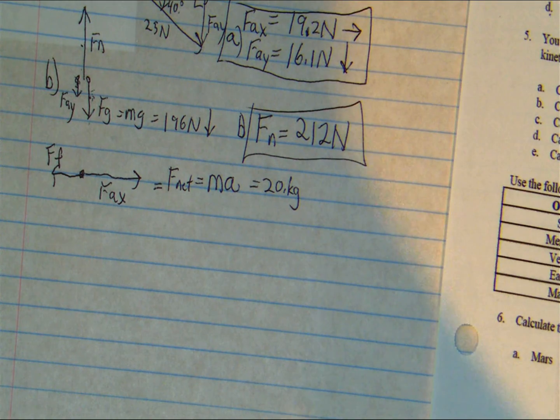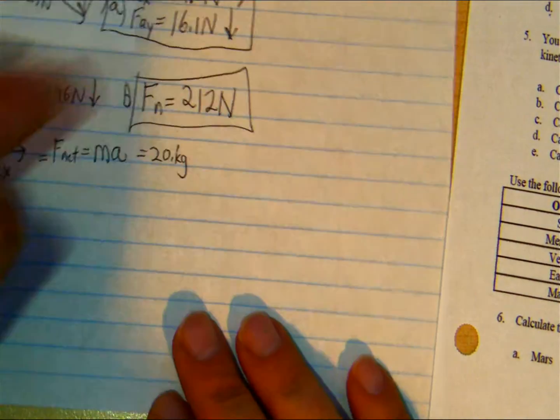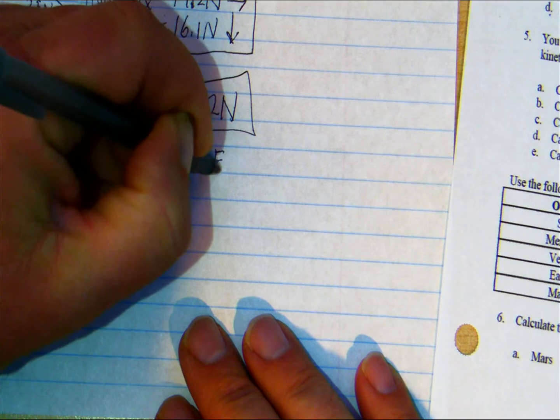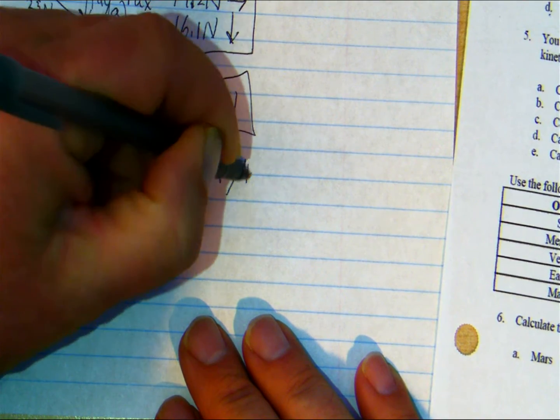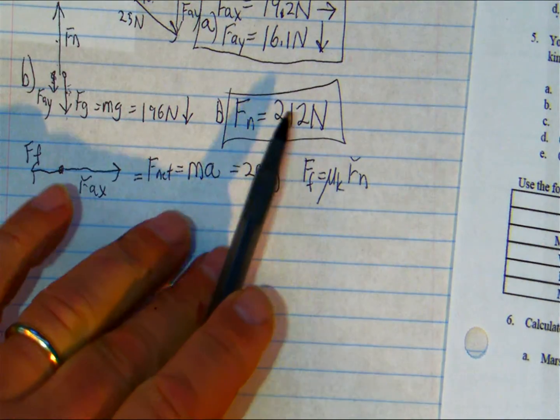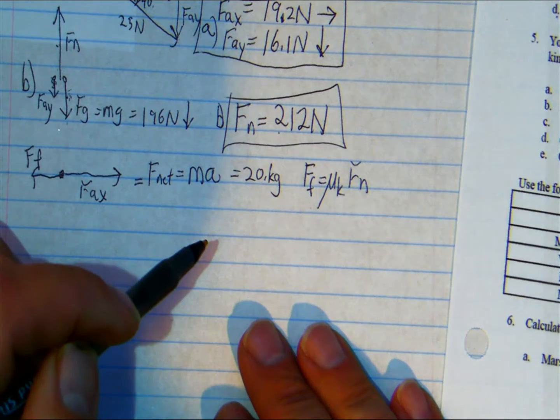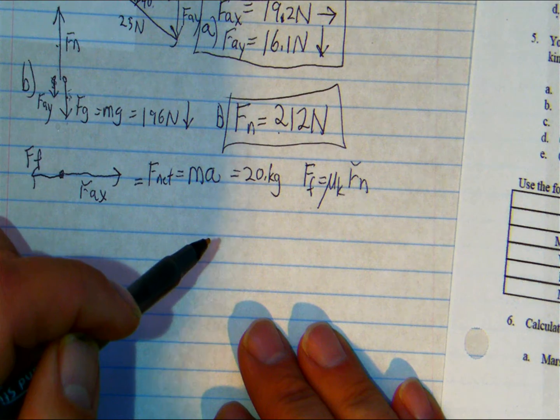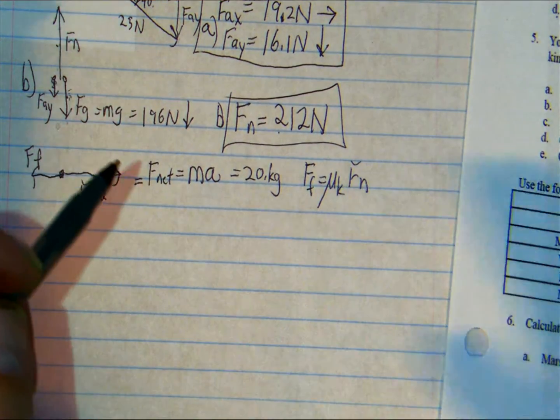The coefficient of kinetic friction is 0.32. So the equation is the fun one. The force of kinetic friction is equal to the coefficient of kinetic friction times the normal force. That's why the previous part was calculate the normal force. The value of the coefficient of kinetic friction is 0.32.